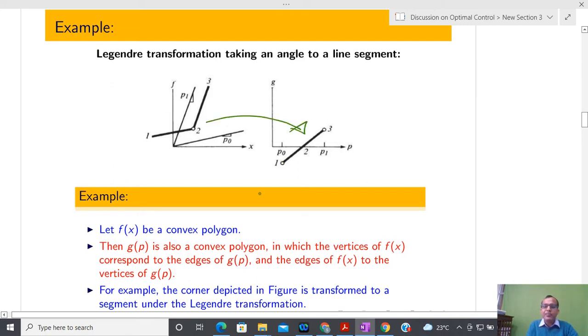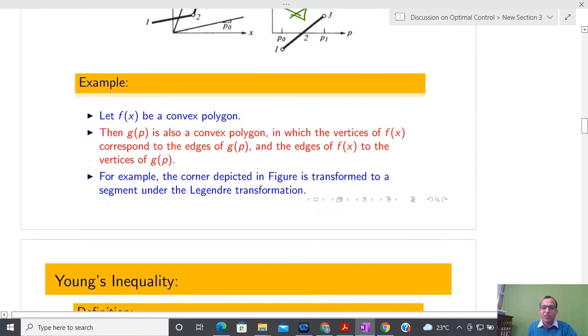It means that if something is a convex polygon, then a vertex of the polygon is converted into an edge. So geometrically you are able to understand easily why this kind of conversion occurs. And the same kind of conversion is depicted in the figure.